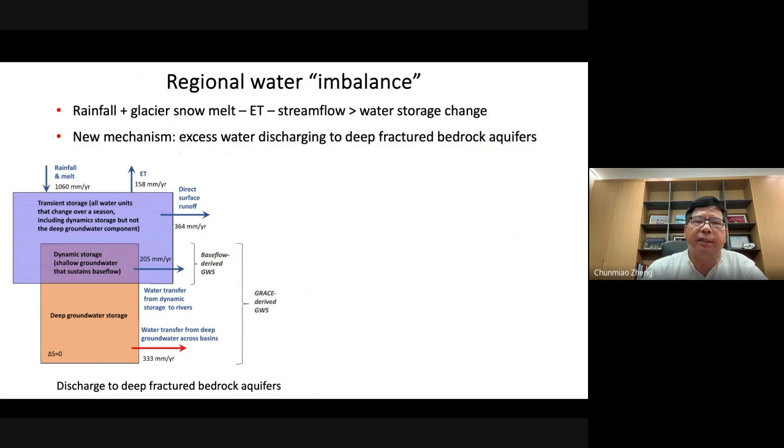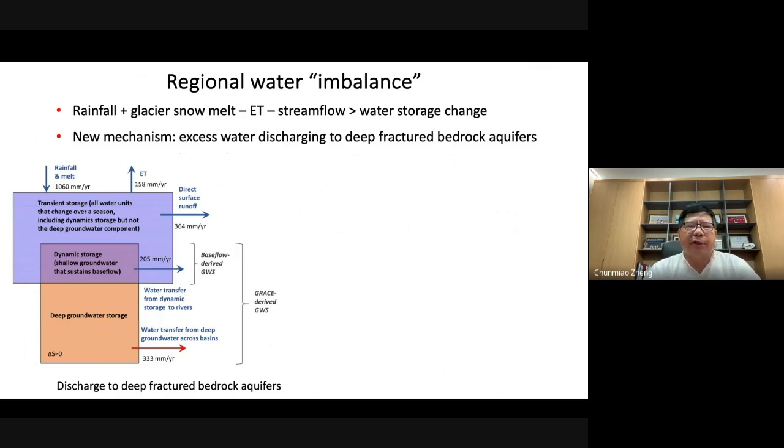In this type of work, for a closed basin, you can do a water balance: rainfall, glacial snow melt, and permafrost thawing are the input and inflow, and then ET, evapotranspiration, and streamflow are the outflow. Input minus output should equal the water storage change. But in our case, we find that they are not balanced, they are imbalanced.